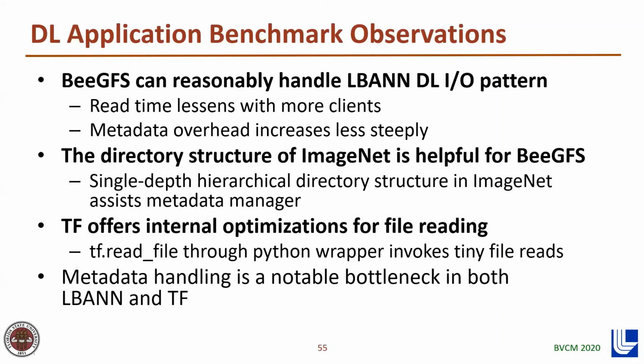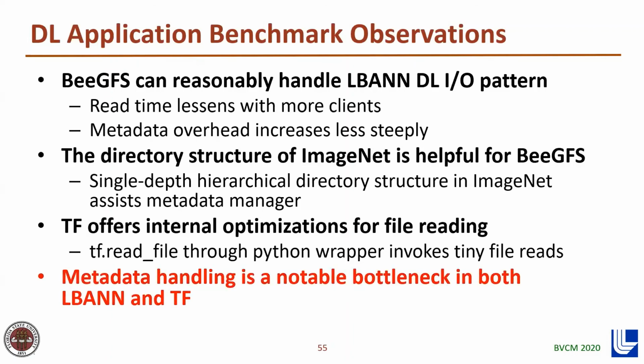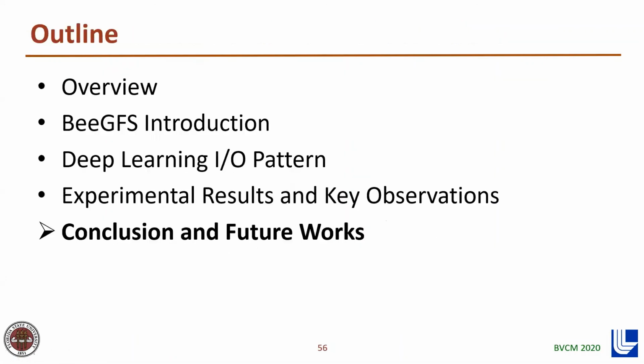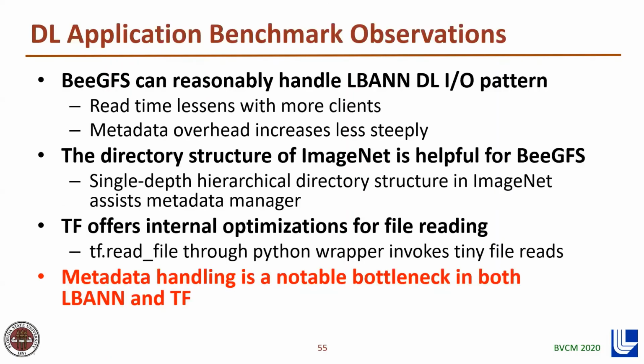According to our observations so far, there might be some internal optimizations in TensorFlow's read file through the Python wrapper that invokes very tiny file reads, as we have seen from the very first I/O pattern related results we have shown, and also from the very last TensorFlow results we have shown. We have seen that the read bandwidth was low because there were very small amounts of files read, but a lot of files were accessed, and they have to go through the metadata overhead.